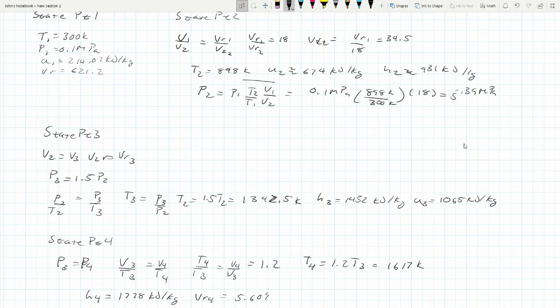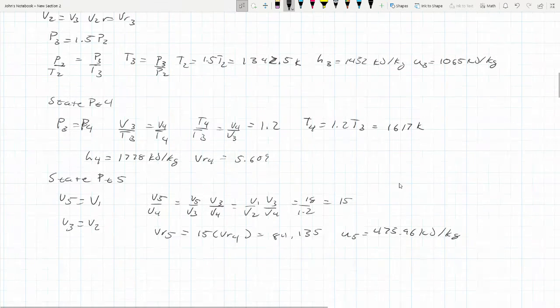We then need to know the pressure of P2 because we need the pressure for P3. So we then find P2 using the ideal gas law, and we get 5.39 megapascals. State point 3, find what P3 is because P3 is 1.5 P2. Then we use the ideal gas law to find the temperature at state point 3, where we can get all of the values.